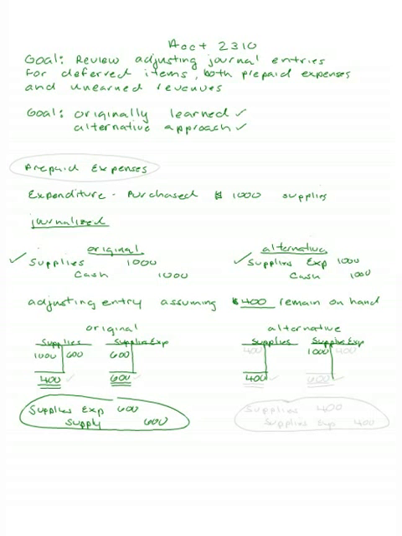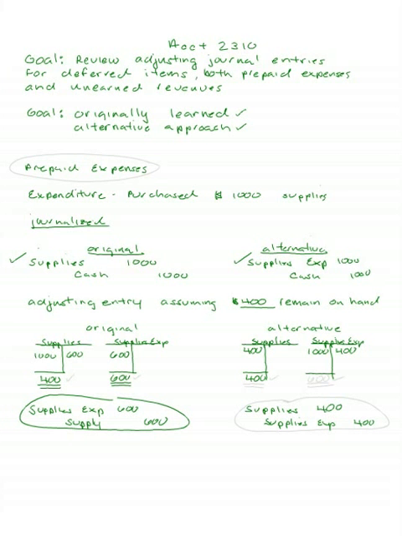What is the journal entry that will make supplies have $400 in it? And you can see by looking at it right away that I need to debit supplies for $400 to make that account have that balance. That means I will credit supplies expense for $400 because I need to have another side to that journal entry.